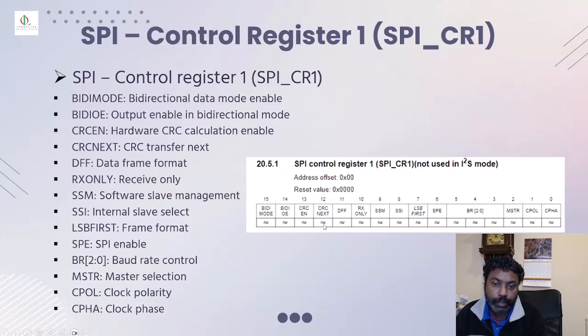The others we are not going to use, but we'll be using bits 0, 1, 2, 3, 4, 5 and 7, 8, 9 and 11. These are all the bits we'll be using in the program.